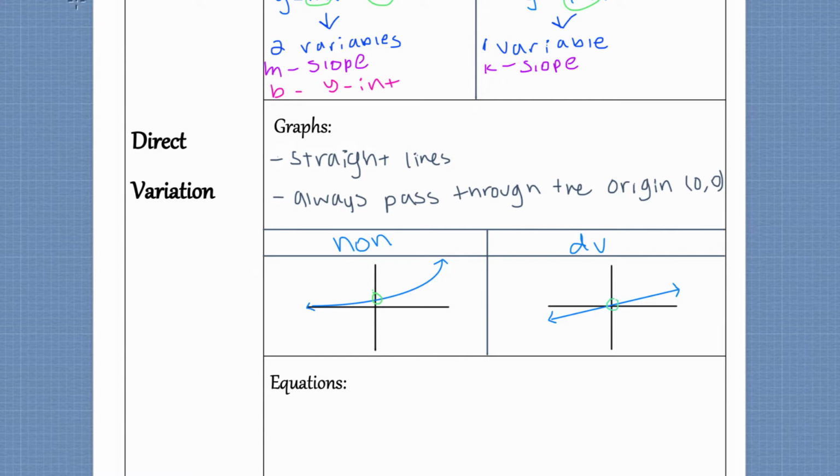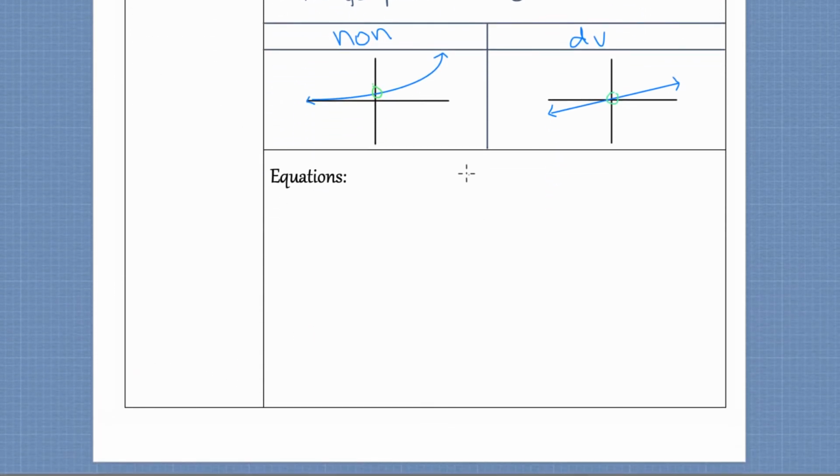Now that we've seen what direct variation looks like on graphs, let's see what direct variation looks like on equations. So, like in the graphical part, equations also have two basic components in direct variation. The first one is that they will always be linear equations.